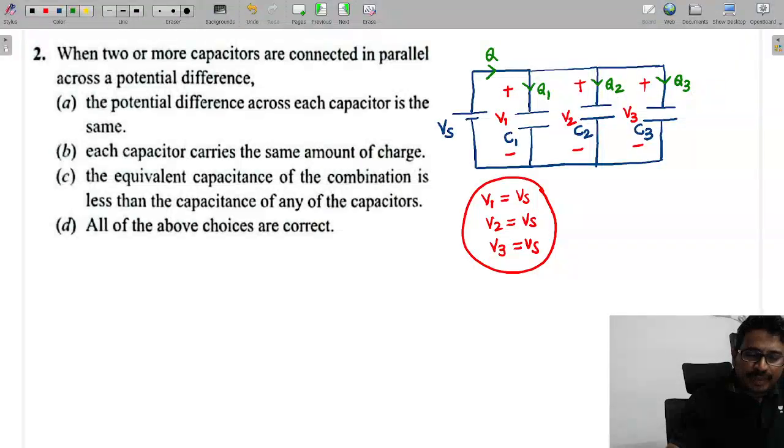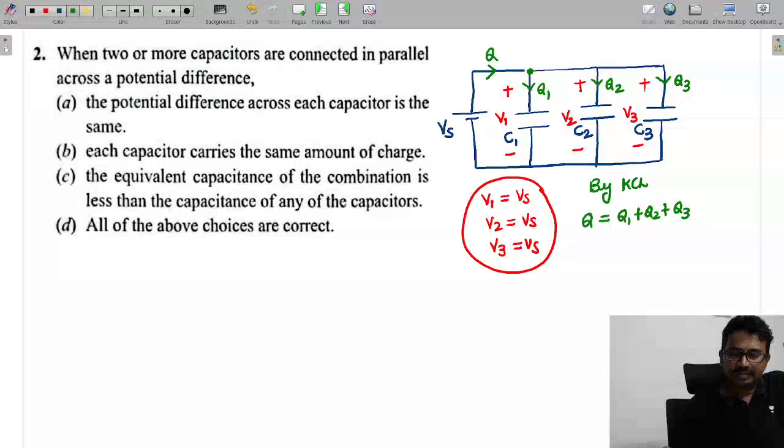Now if we apply KCL, what can I say? Q is equal to Q1 plus Q2 plus Q3. Now check the options to see which will be correct.